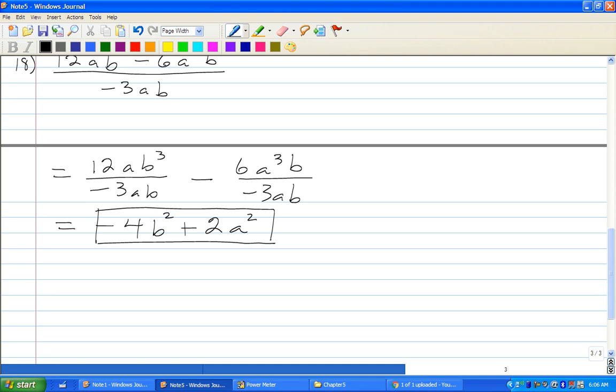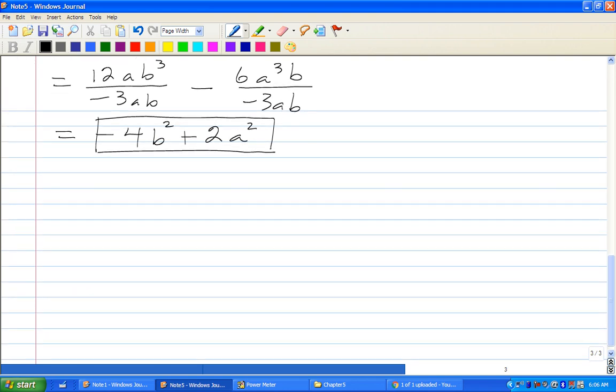Let me do problem number 27. 15y cubed z cubed plus 10y to the 4 z to the 6 minus 20yz over 25yz squared.